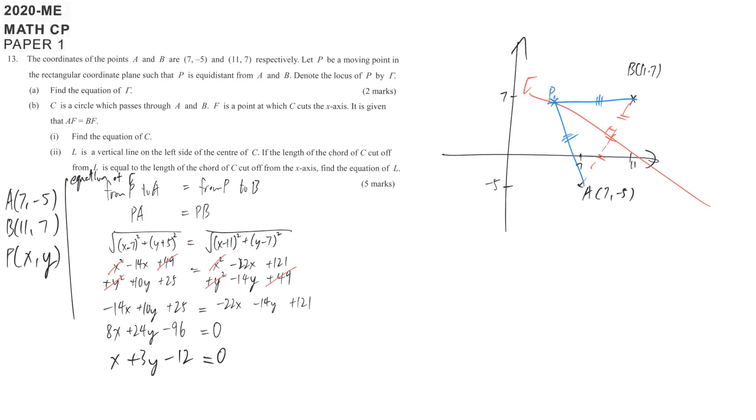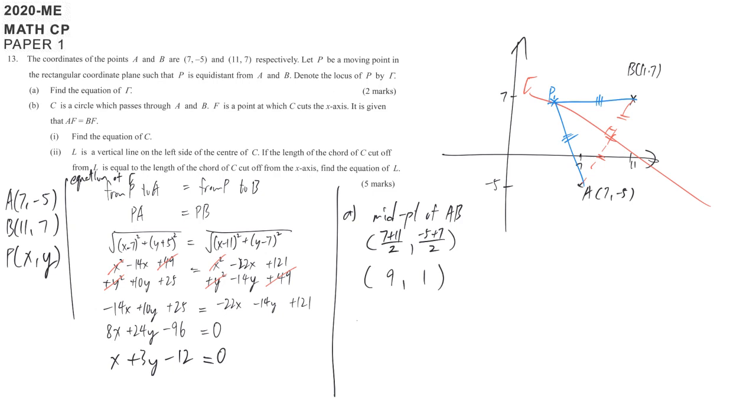Therefore, if we use another approach, we have to find the midpoint of AB, which is the average between 7 and 11. So 7 plus 11 divided by 2. Y coordinates: -5 plus 7 divided by 2. We get the midpoint is (9, 1).